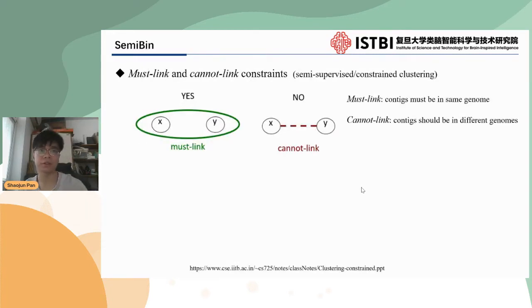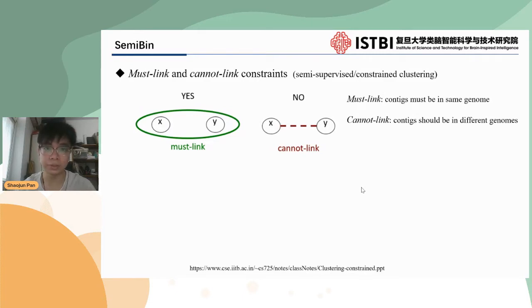The first thing, the must-link and cannot-link constraints is an idea used in what we call semi-supervised clustering. In our binning problem, a must-link constraint between two contigs means that the two contigs will be in the same genome, and the cannot-link constraint means that two contigs will be in different genomes.